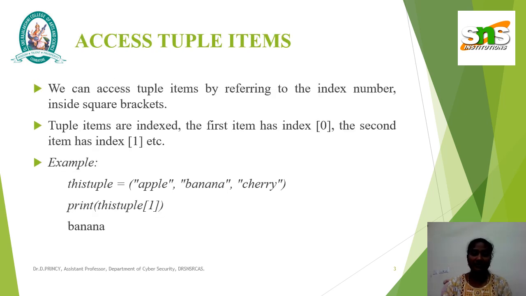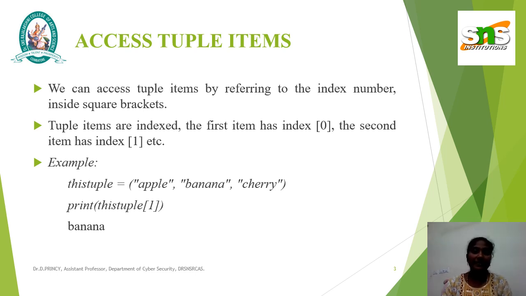Access tuple items. After creating the tuple, we can access the tuple items. It is similar to an array, by referring to the index number within square brackets. These items are indexed starting from 0 and ending with n minus 1, where n refers to the number of items in the tuple.